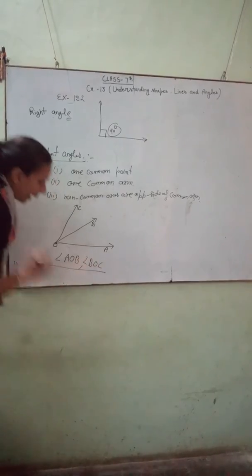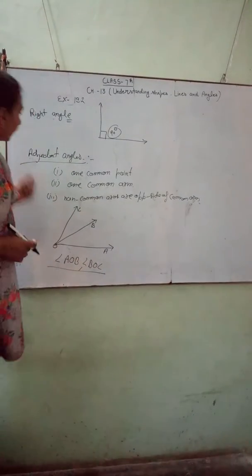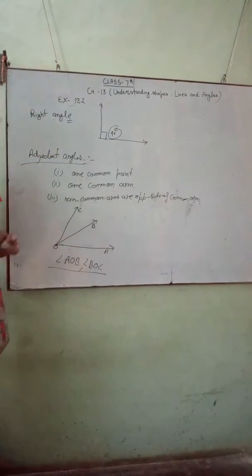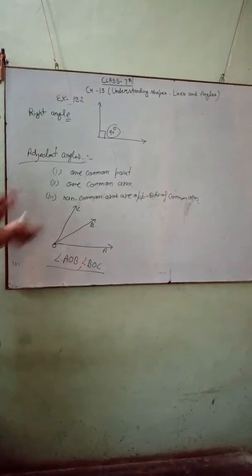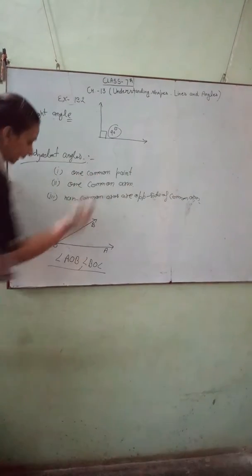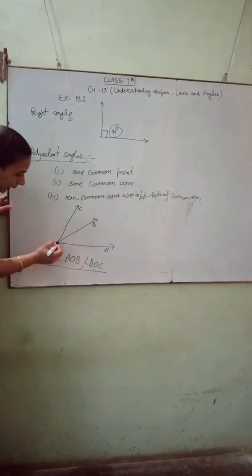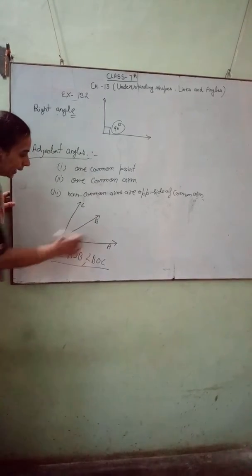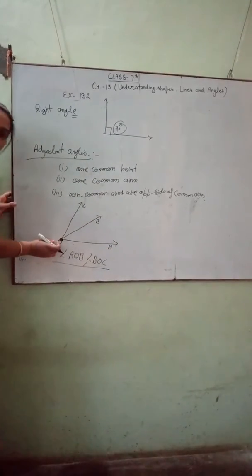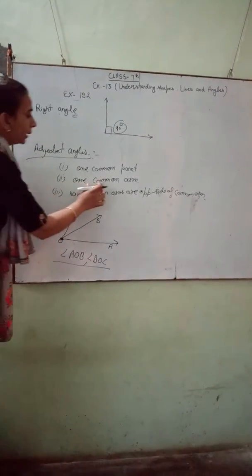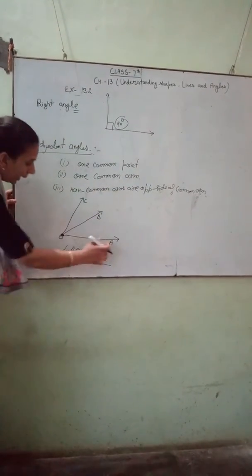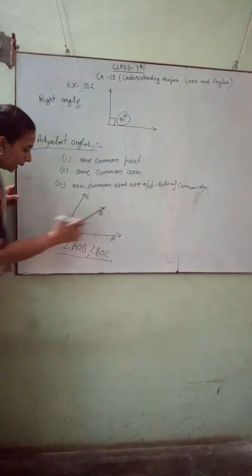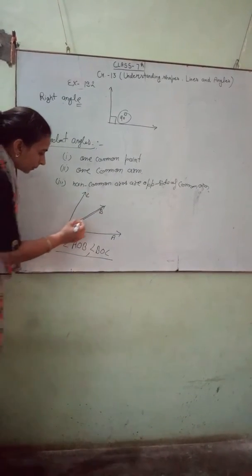There are two angles and we call them adjacent angles because these two angles satisfy the three conditions. First, one common point. The common point is point O. Angle AOB and angle BOC have the same common point. Then one common arm, the same arm OB.